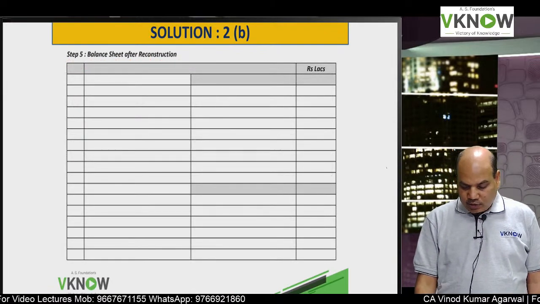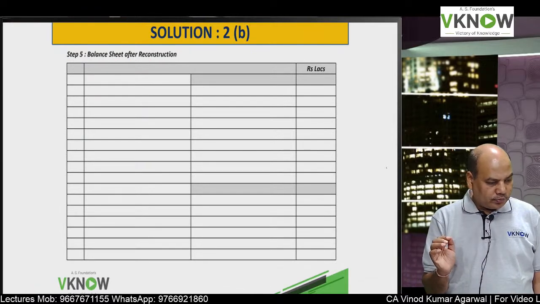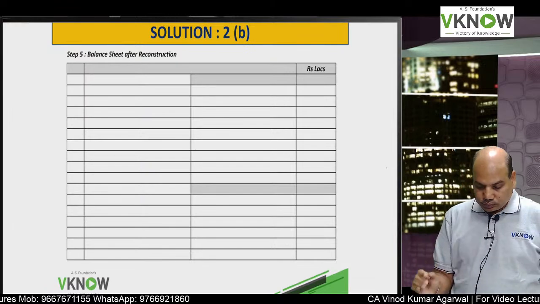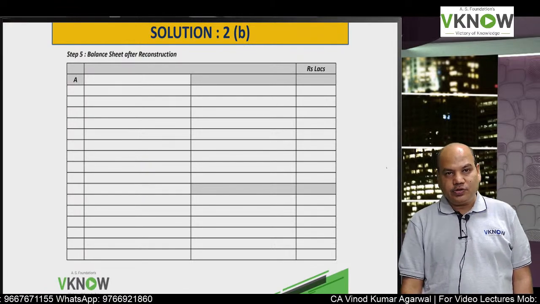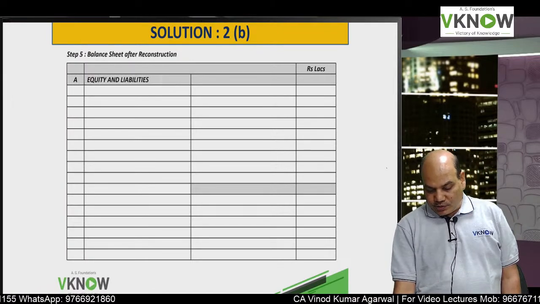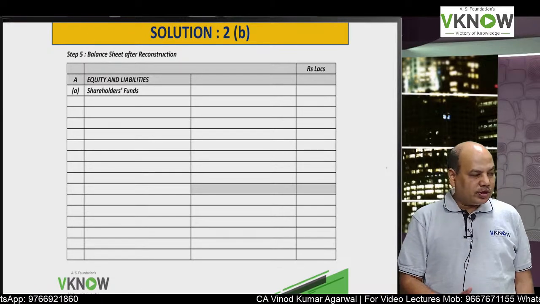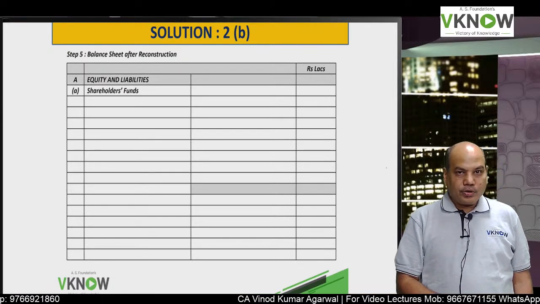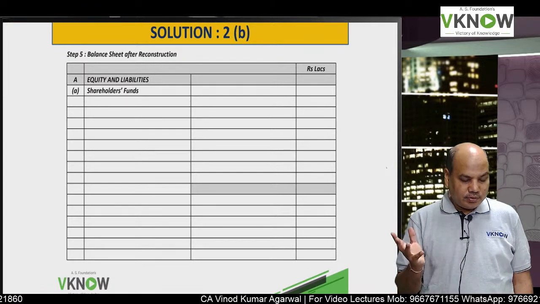So this is my balance sheet. Write down step 5. Keep the notebook in front of you and write. Balance sheet after reconstruction, rupees in lakh. First we'll follow the same format which is given in the question. Your query can be, can I follow the format of Ind AS?